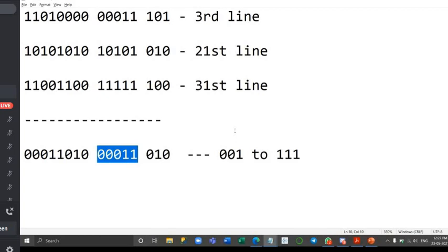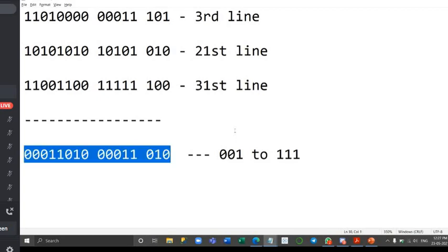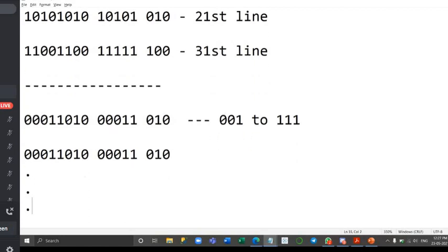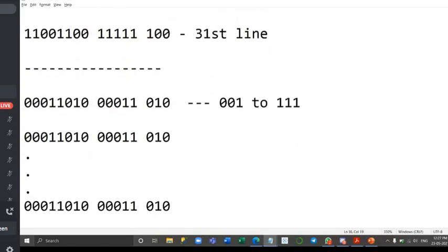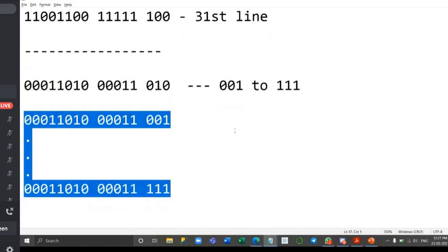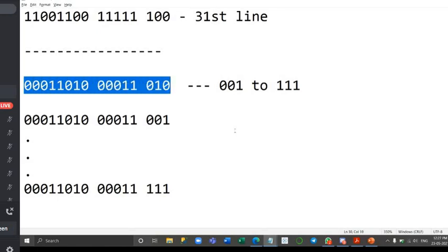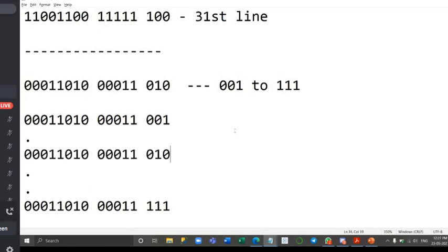So for any address from this to this, all of these have the same line number, which includes this one as well. I hope that is clear.